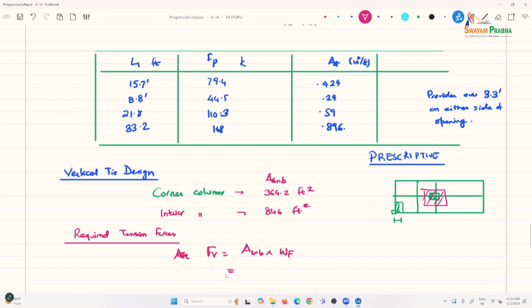For the corner, you have 364.2 multiplied by 239.4 comes to 87 kips, and the interior comes to 846 multiplied by 239.4, which is 202 kips.